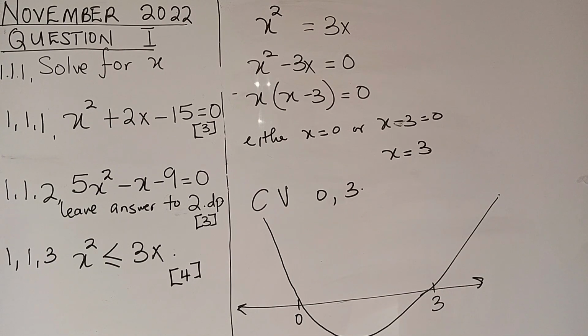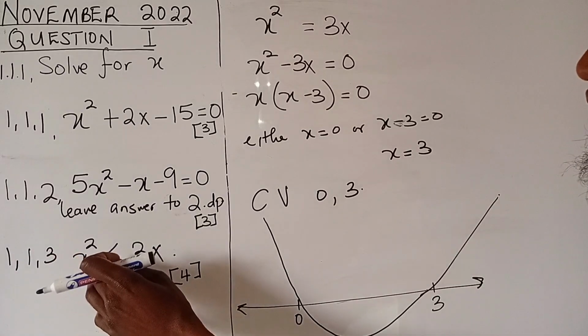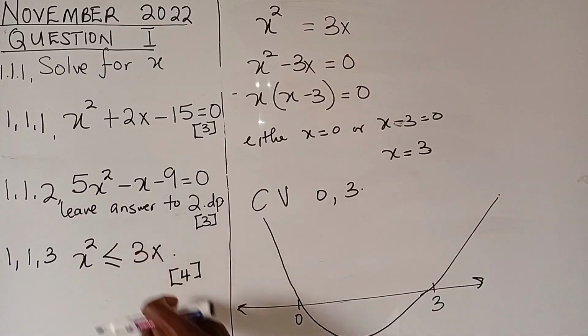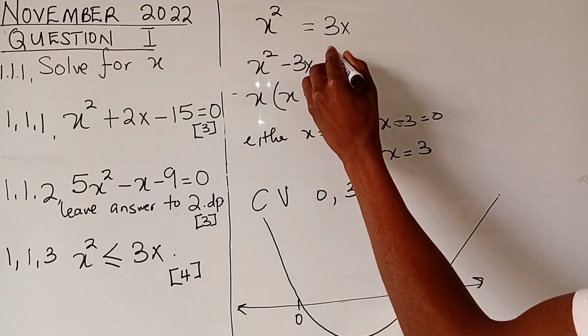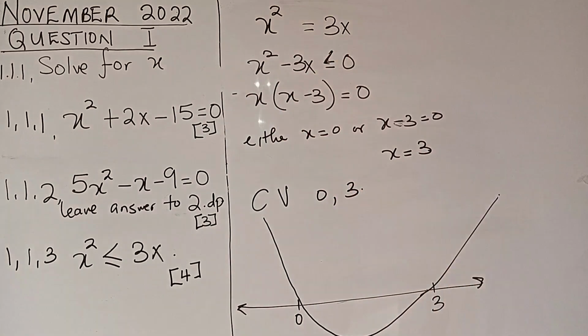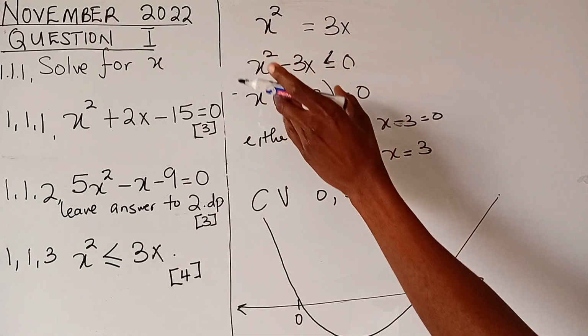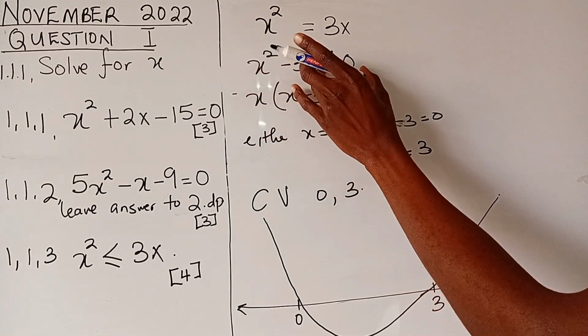Then from here, what is the question saying? The question is saying, for x, given that x squared is less than or equal to 3x, when we transpose this, we are going to have x squared minus 3x is less than or equal to 0. So what does this mean? It means what are the values of x for which x squared minus 3x is less than or equal to 0.